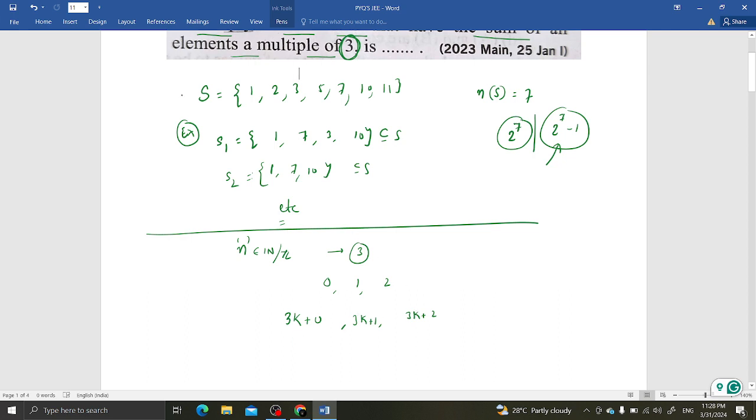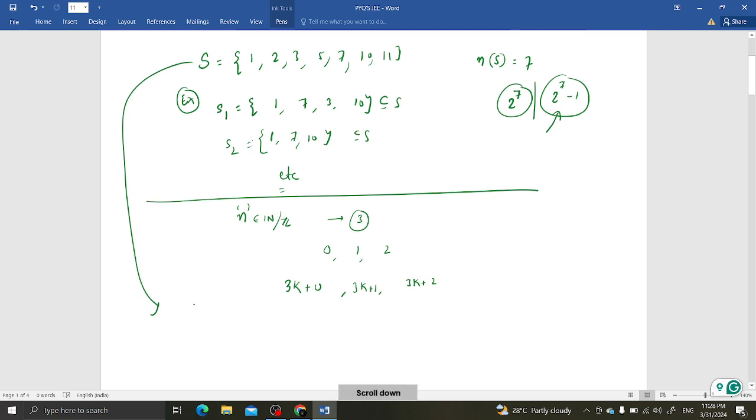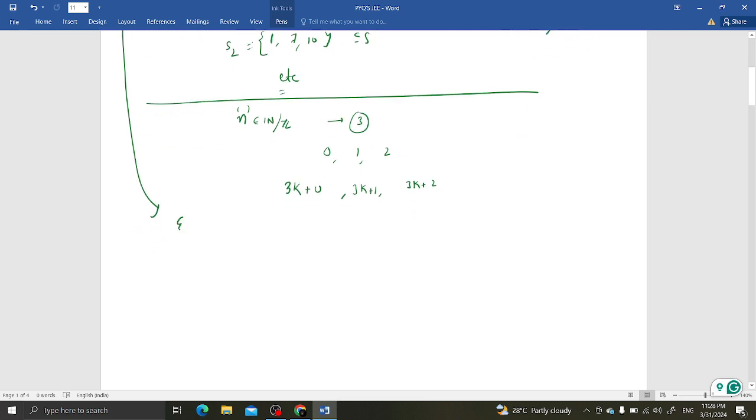So first of all, I will write the format of all the elements of set S. Elements of the type 3k: only 3 is there. Second, elements of the type 3k plus 1 are 1, 7 and 10.